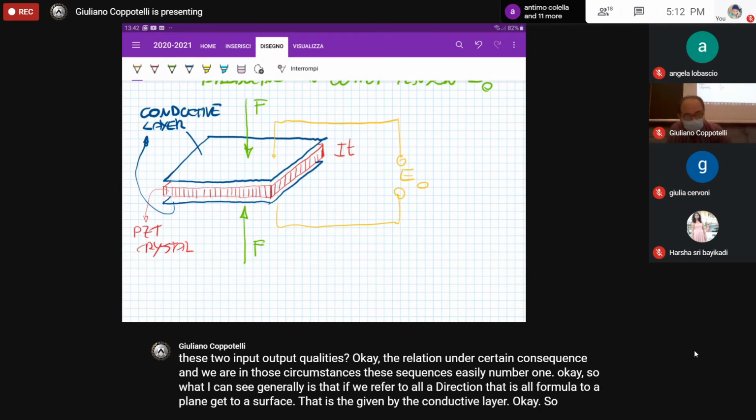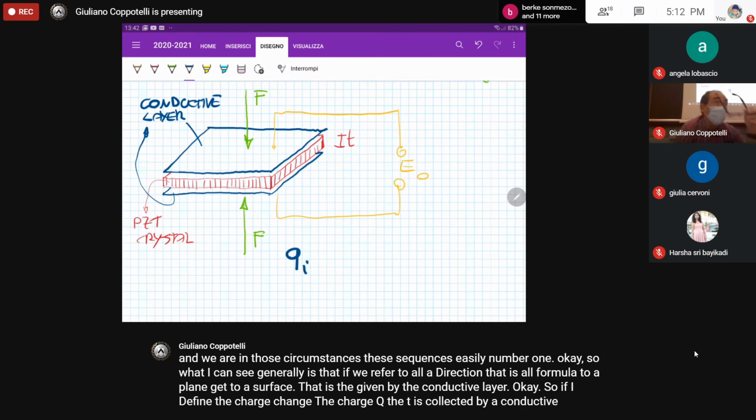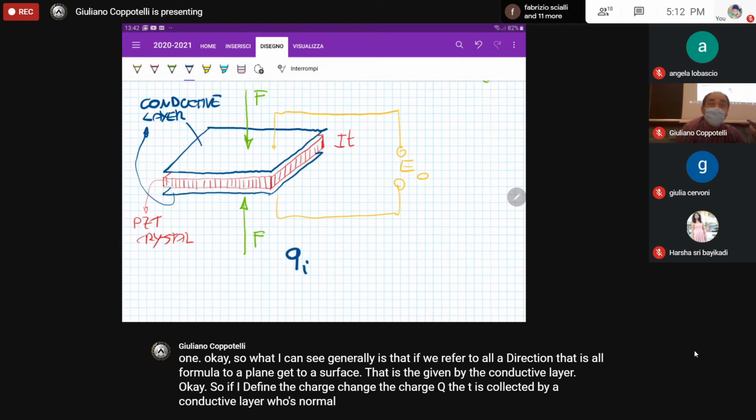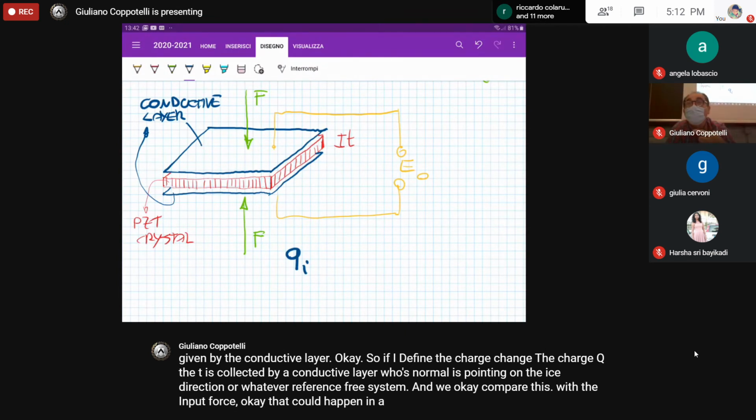So if I define the charge Q that is collected by a conductive layer whose normal is pointing at the i-th direction in whatever reference system, and we compare this with the input force, that could happen in a completely different direction, let's say Fj.